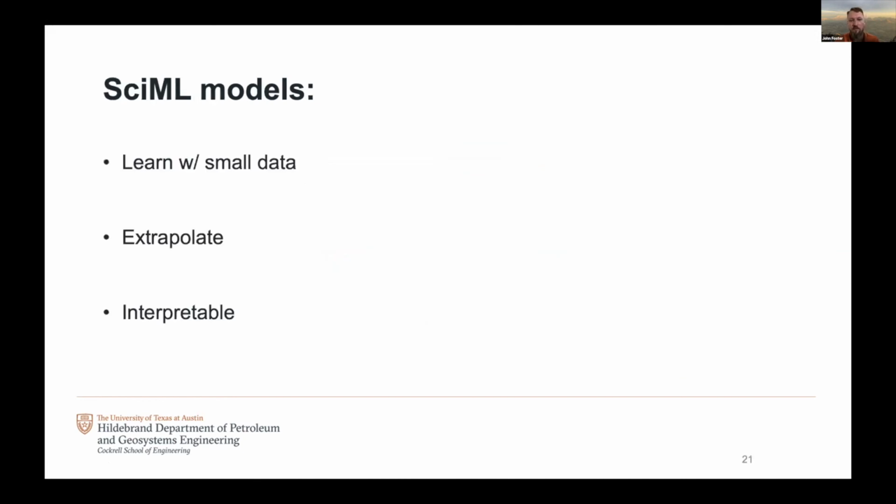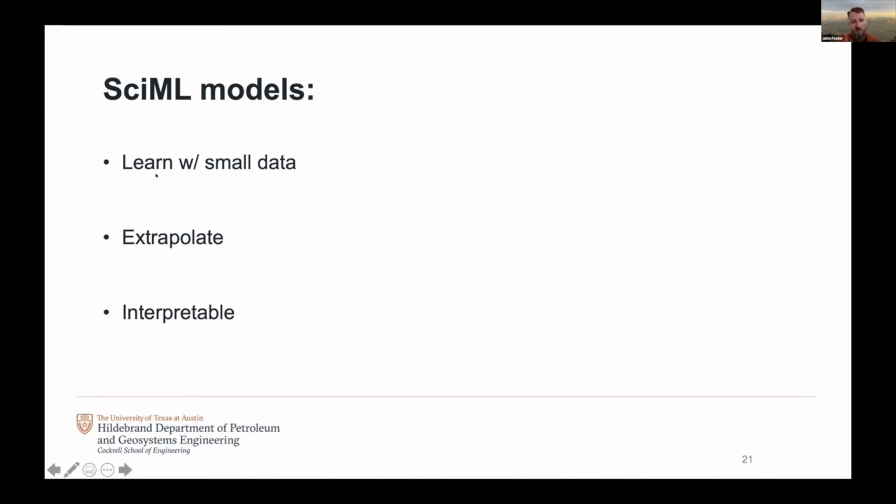So, in summary, SciML models can learn with small data, as I demonstrated, because you have the physics or part of the physics in the objective function. Nothing regularizes these things better than the physics or the balance laws themselves. And so, we can get by with smaller data.